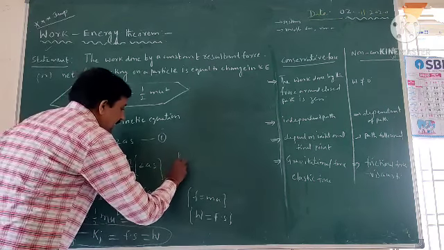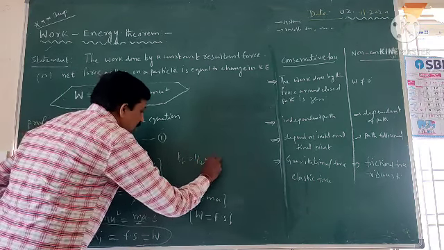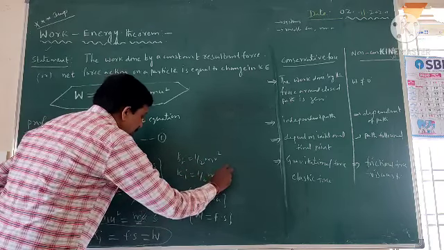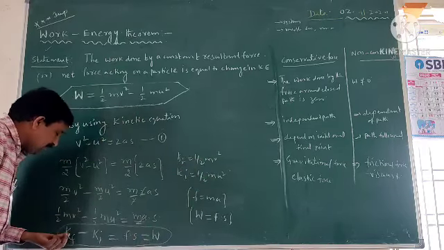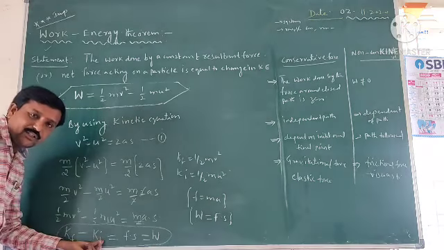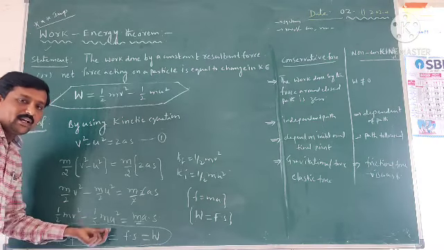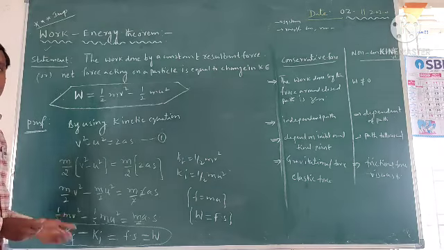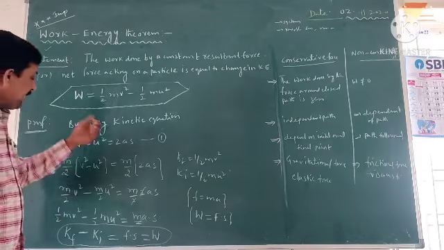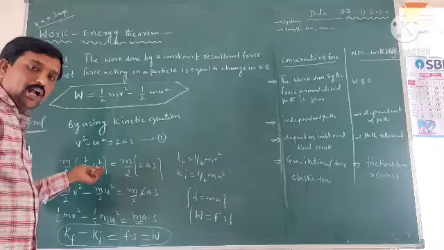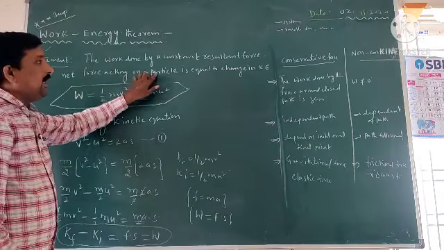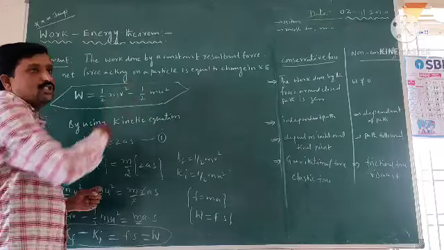Kf is the final kinetic energy, half mv square, and Ki is the initial kinetic energy. So the work done is equal to the change in kinetic energy. This is called the work energy theorem. The work energy theorem can be applied for a particle and also for a system.